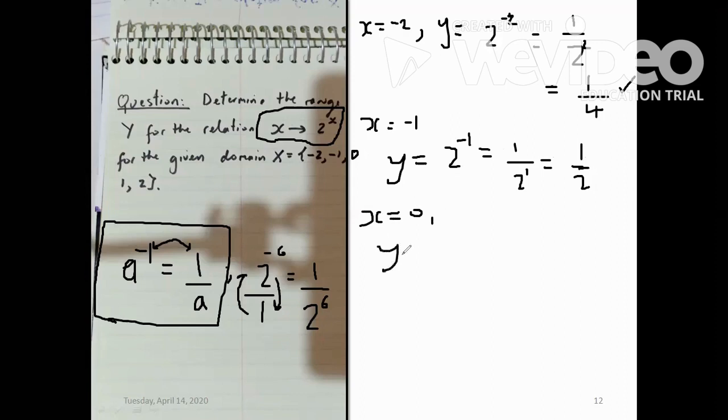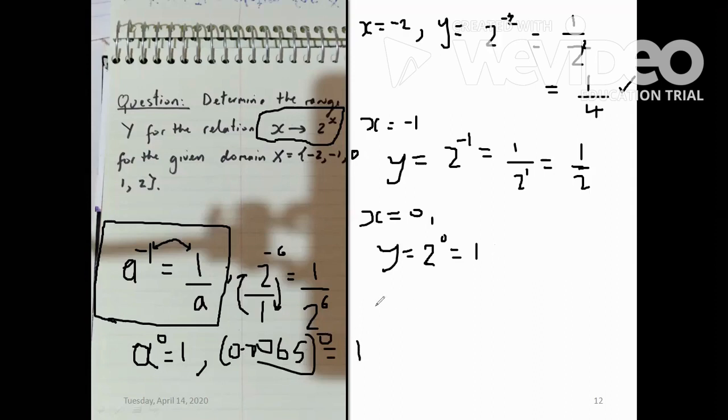So we have y equal 2 to the 0. 2 to the 0 is 1. There's another law of indices that anything to the 0th power, a to the 0, is 1. So 0.0065 to the 0 power is what? 1. Anything to the 0 power is 1. So that's our next value.